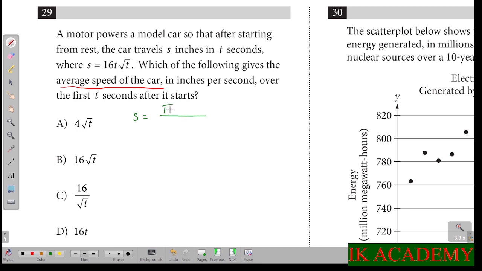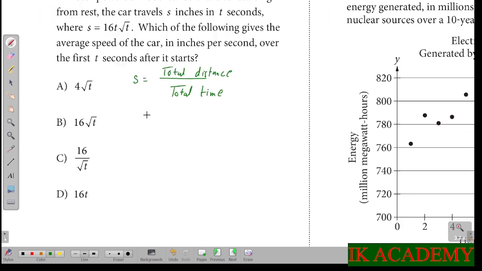It means total distance divided by total time will give us the average speed of the car. So the total distance is equal to 16t√t, and the total time it takes to cover this distance is t.